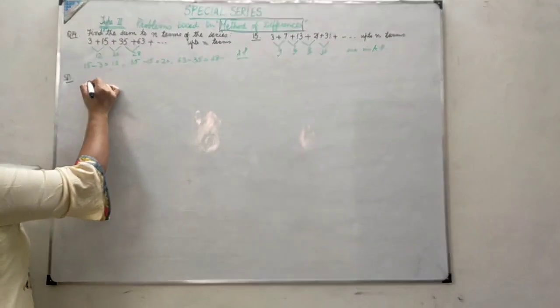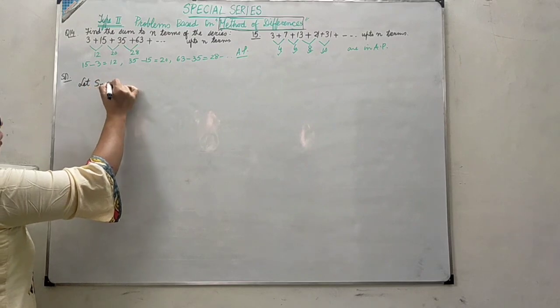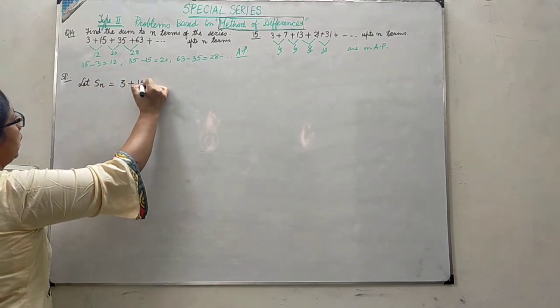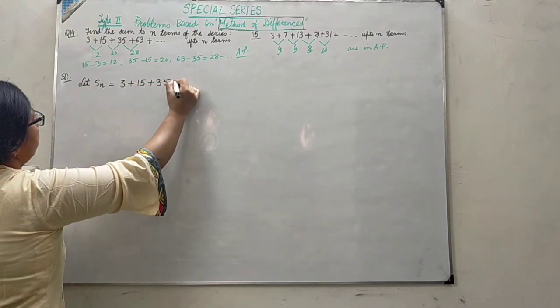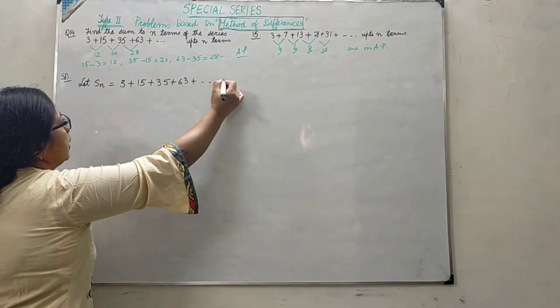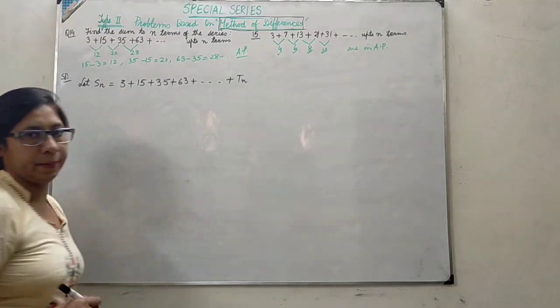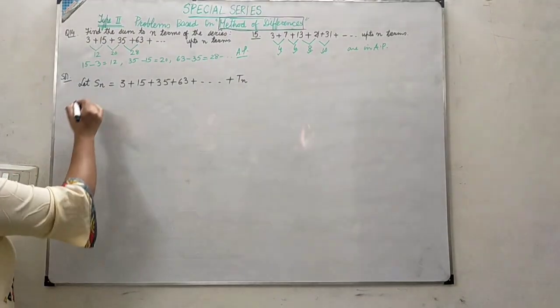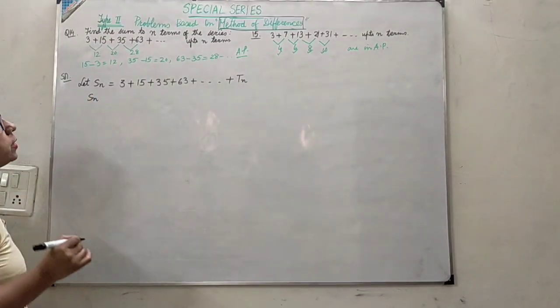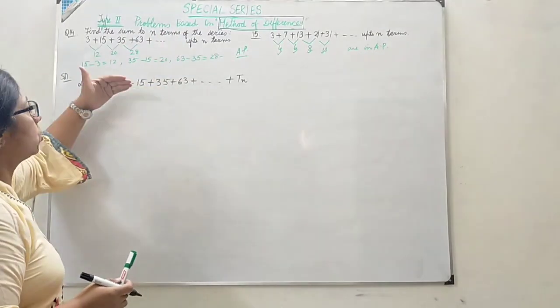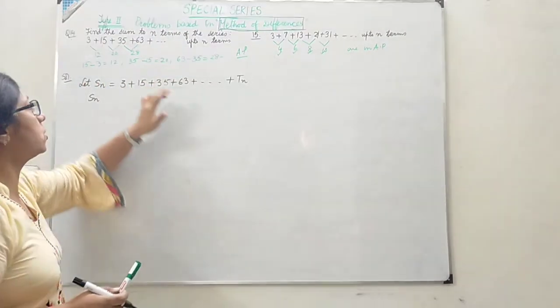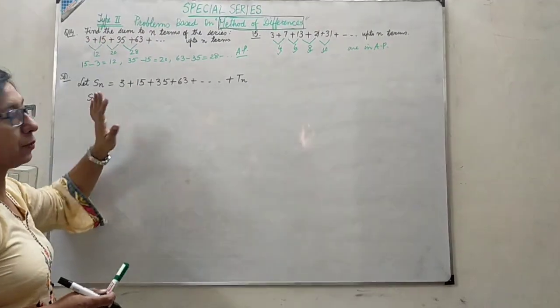Let us see. Let Sn, first of all I write 3 plus 15 plus 35 plus 63, and the last term, the nth term, I may give it a name Tn. Now, because this is a method of differences, I will have to take the differences of two consecutive terms.